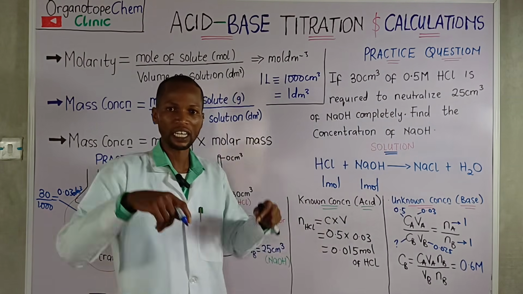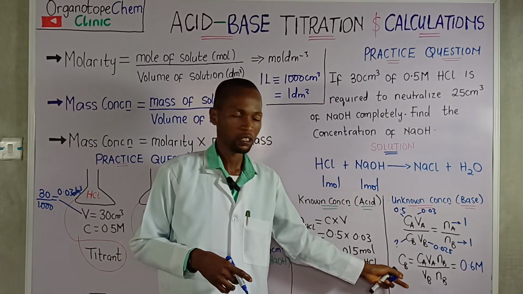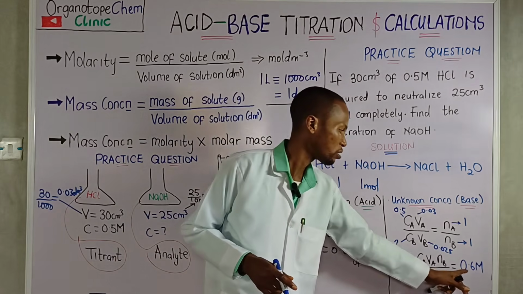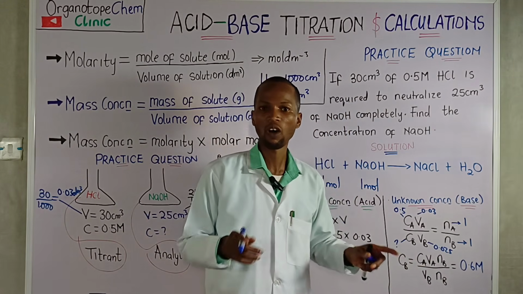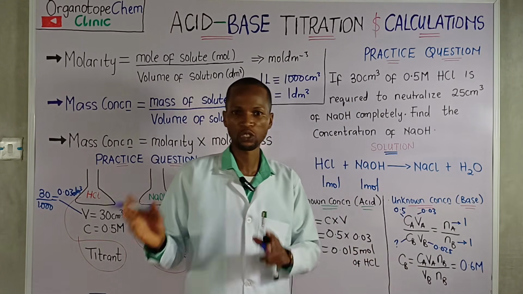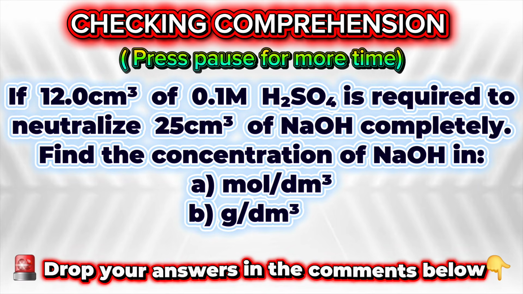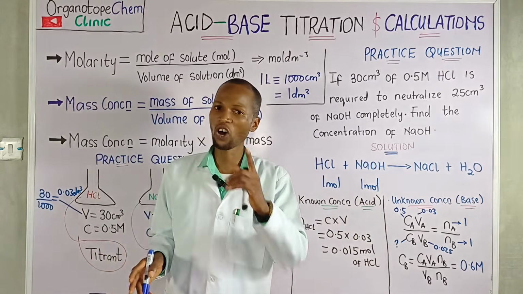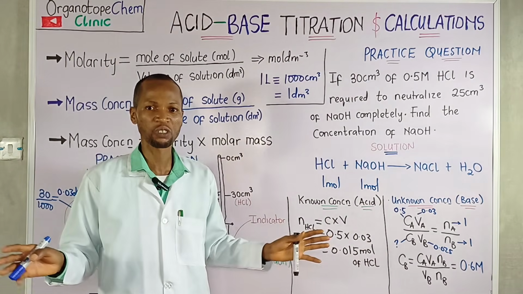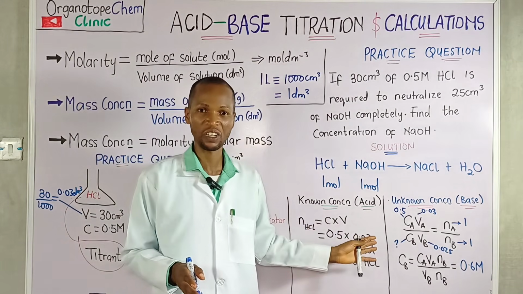So you can attempt this using this formula. The final answer will be 0.6 molar or mole per dm cube of sodium hydroxide. So the determination of the concentration of an unknown solution has been simplified in this video lesson.